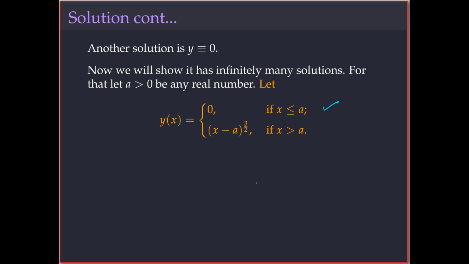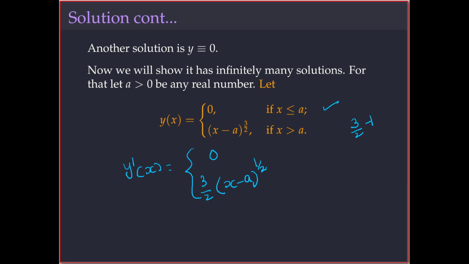One can then check y'(x): it is 0, and (3/2)(x - a)^(1/2), because 3/2 minus 1 is 1/2.